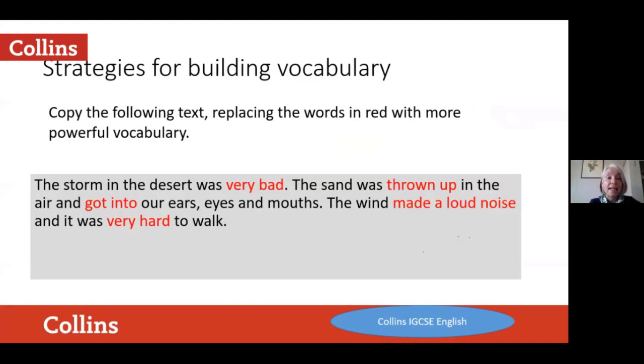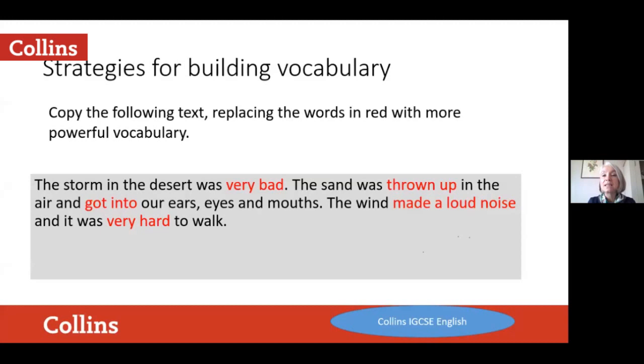What could we say instead of very bad? What could we say instead of thrown up? What could we say instead of got into our ears, made a loud noise, and very hard? What are our alternatives? What would our more interesting alternatives be?